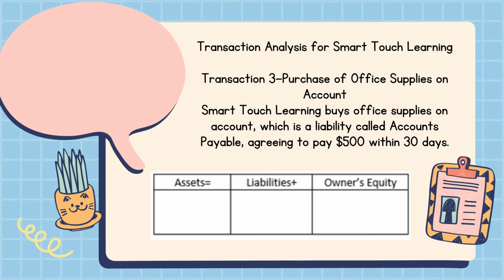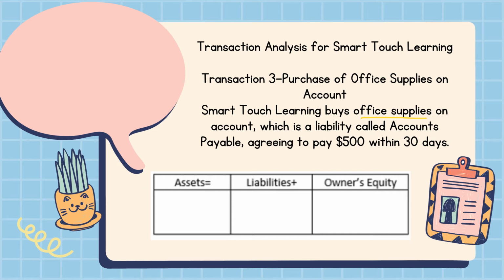Now, office supplies means stationery, papers, stapler, markers, pencils, okay? So office supplies is an asset account. Now when he says on account, it means I did not pay cash on the spot, okay? I didn't pay cash, which means I'm going to pay later.